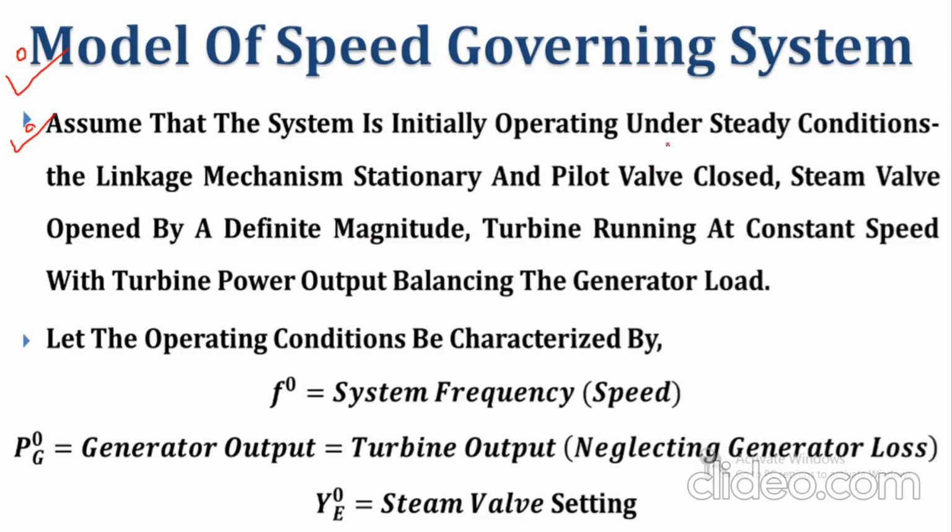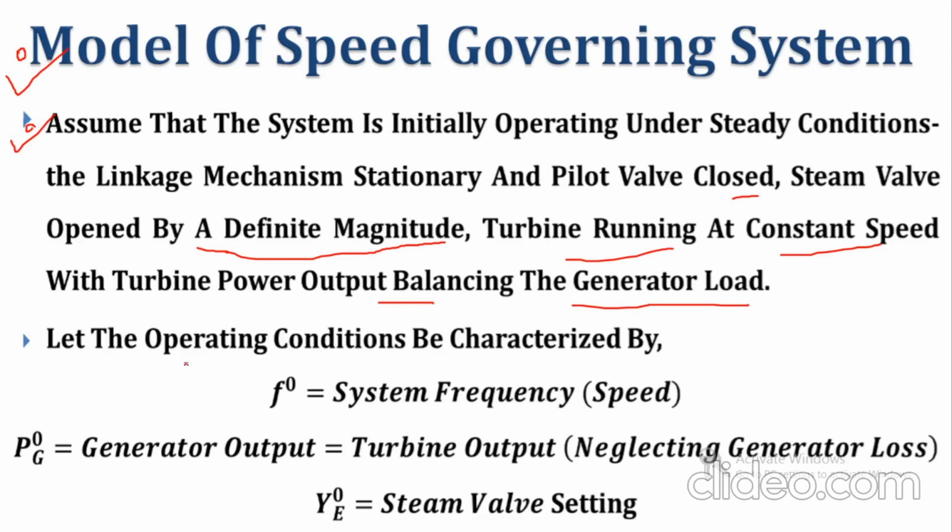Under the steady condition, the linkage mechanism is stationary, the pilot valves are closed, the steam valve is opened by a definite magnitude, and the turbine is running at constant speed with turbine power output balancing the generator load. This is the stable condition of our system, and for that we derive a mathematical model for the speed governing system.